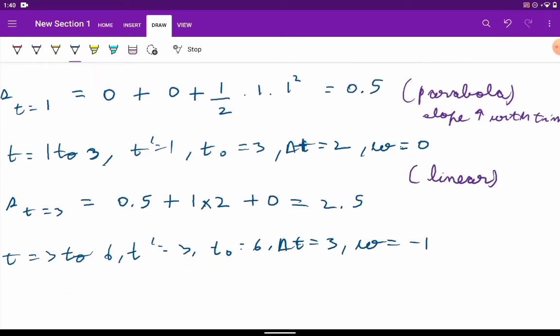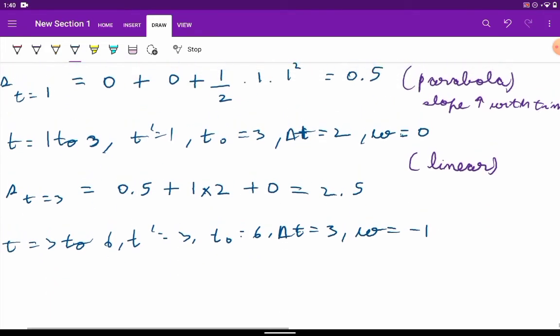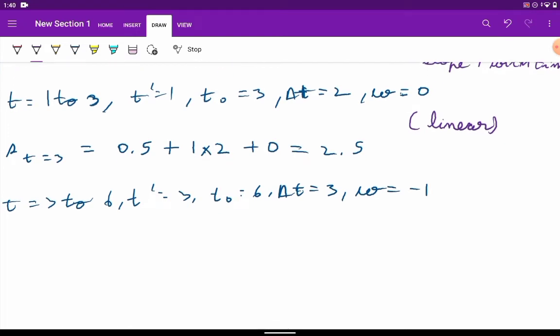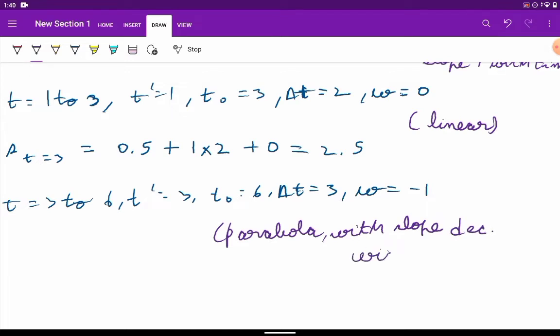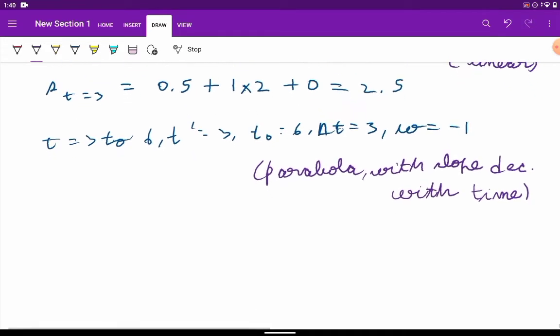So since it is constant acceleration of negative magnitude, the shape will be a parabola with slope decreasing with time, right?